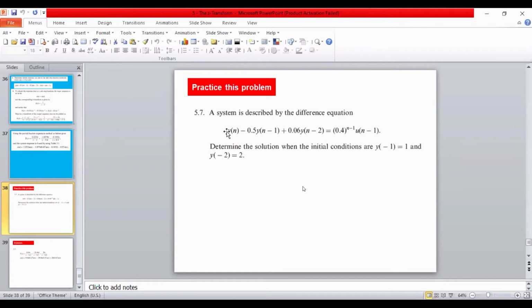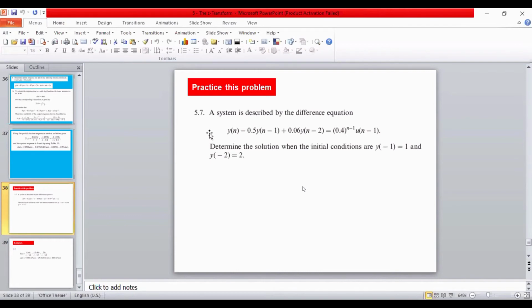We have our output, which is one step shifted in time. As we say in colloquial terms, imagine that n is today, n minus 1 would be yesterday, and n minus 2 would be two days before, the day before yesterday, if we use time index as day.